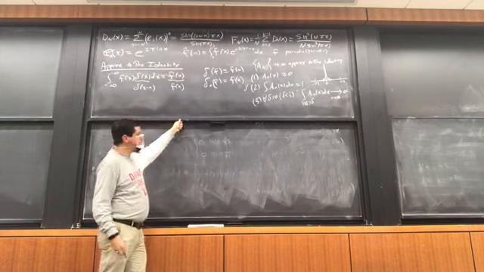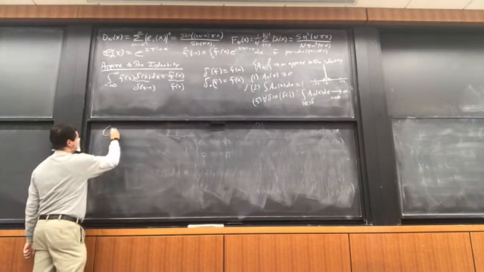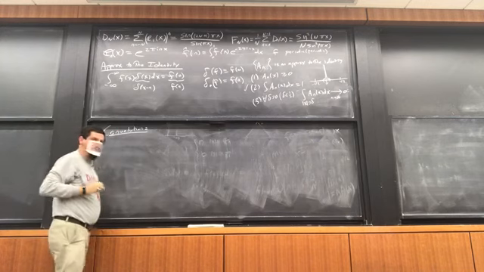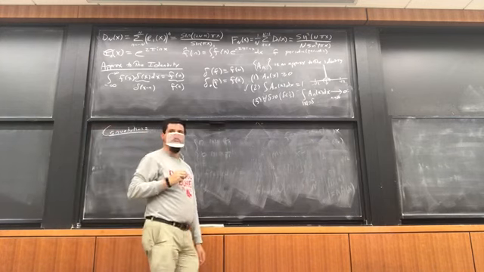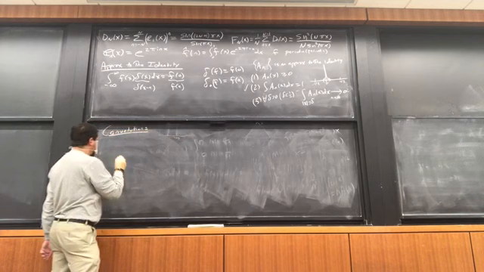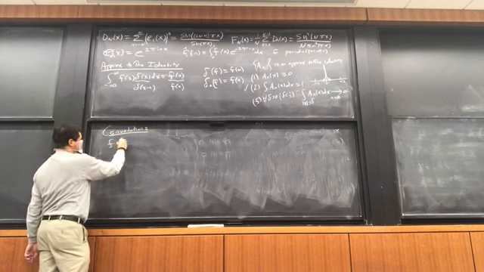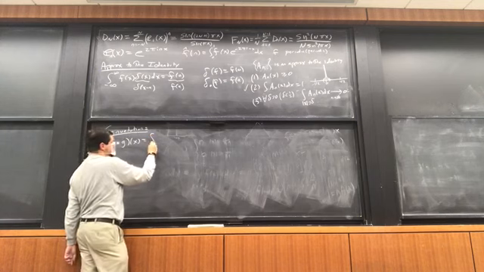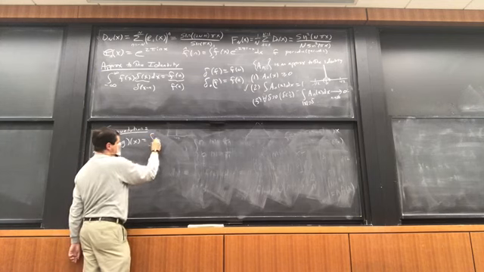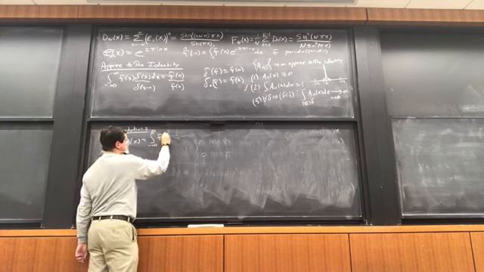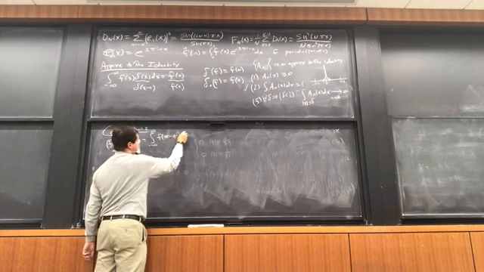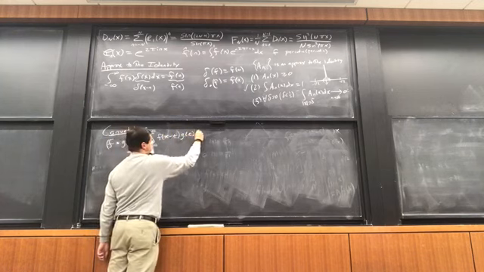If you've taken probability, you've seen convolutions. Did we mention them briefly in this class? I think so. So we'll say f star g of x is the integral, say, from minus infinity to infinity of f of x minus t g of t dt.